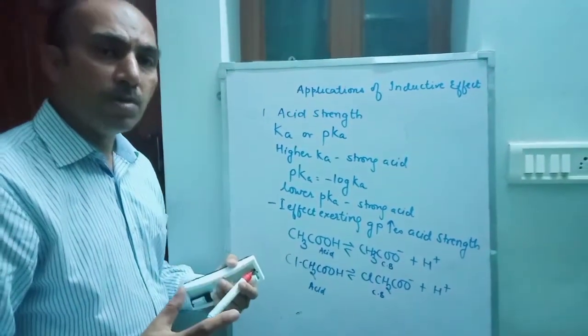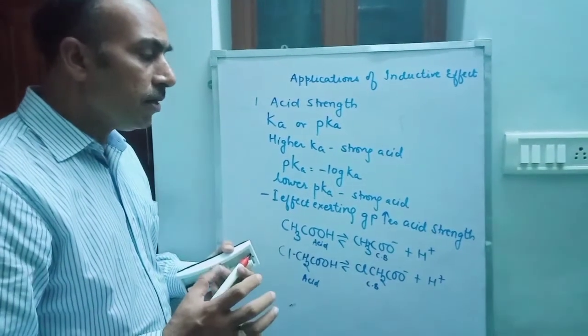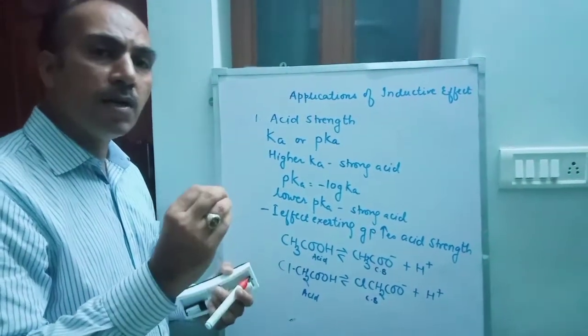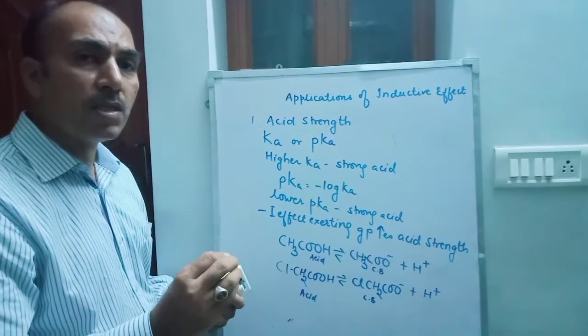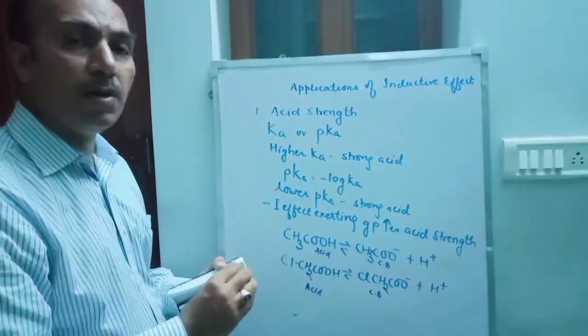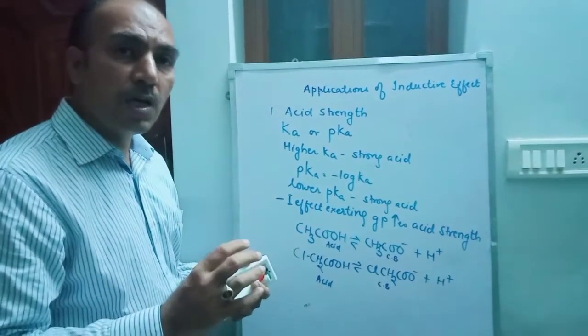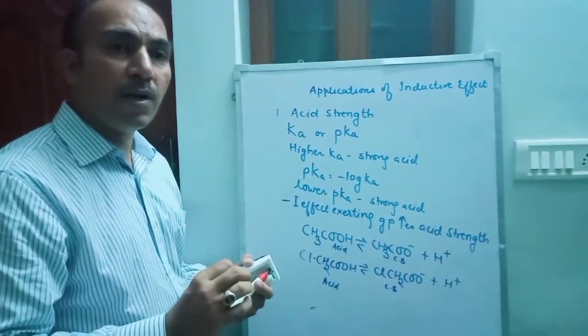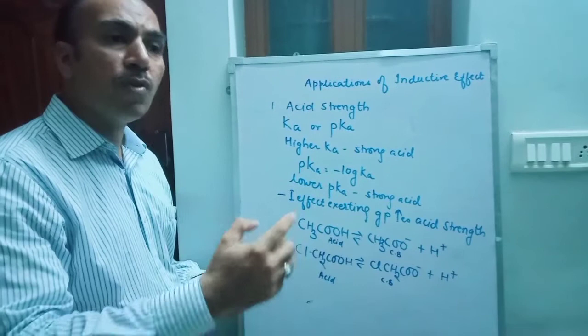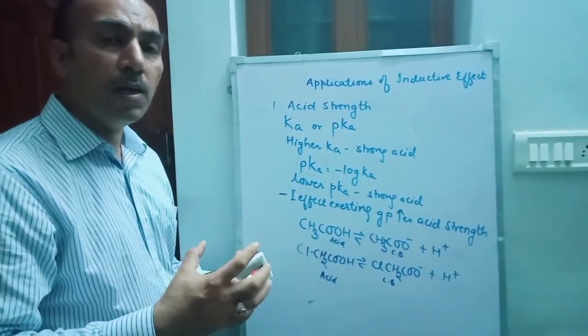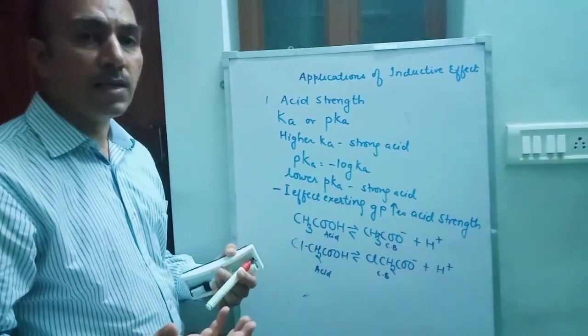In organic chemistry, whenever the charge density increases at one end, the species is less stable. If the charge density is decreased either by inductive effect or by delocalization of the charge on the complete molecule, then the stability of the ion increases.